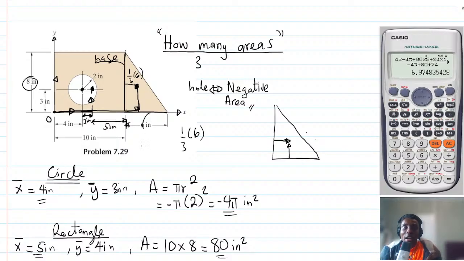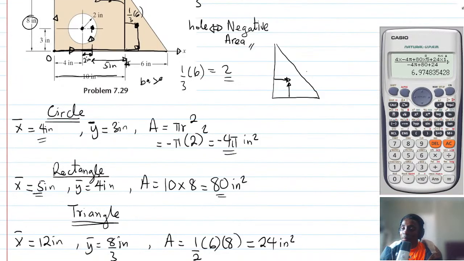But if I call here my base, then the height will be 8. For the triangle, the x bar is going to be 10 plus 1/3 of 6, which is 2. And 10 plus 2 is 12. I hope it makes sense.